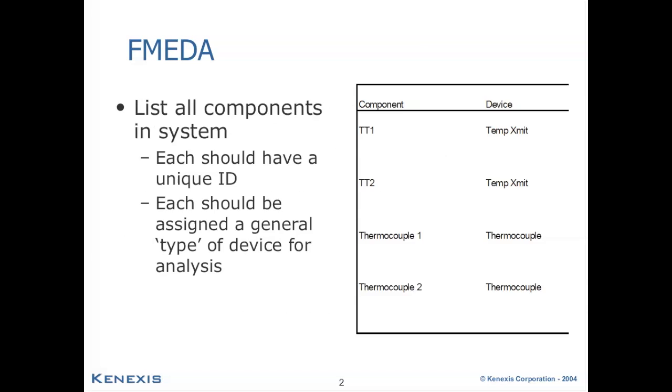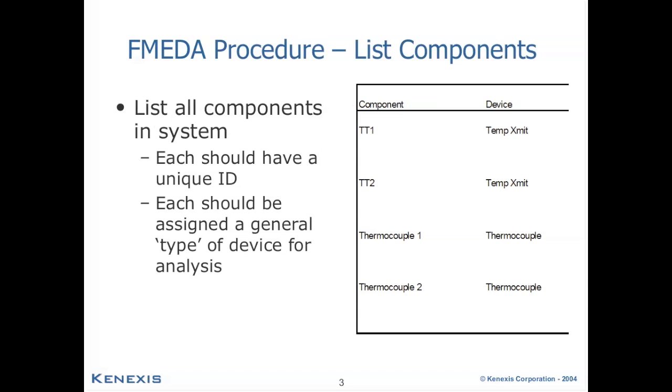Okay, what I'll start out with is a quick example of the FMEDA approach. And the example that I'm giving you is using a multiple temperature transmitter configuration to measure a differential temperature, for instance.